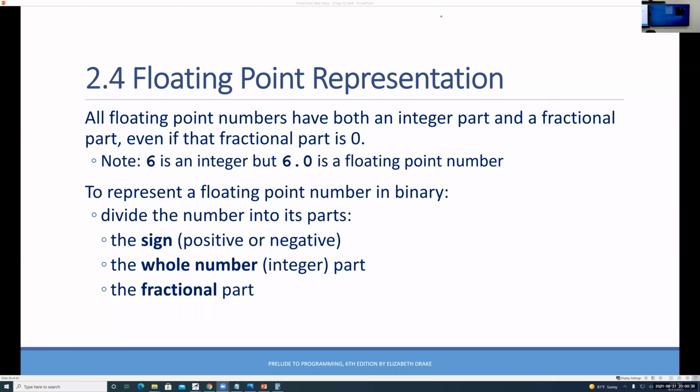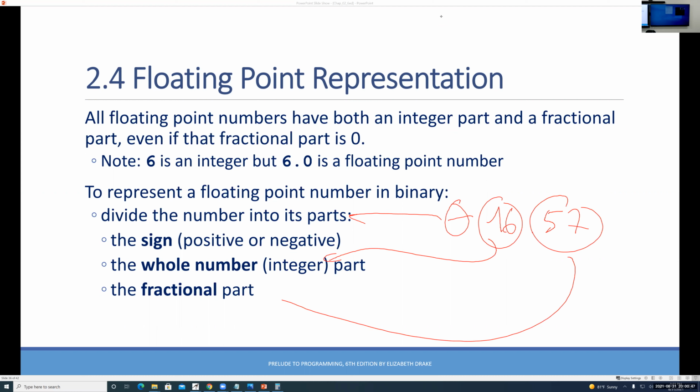You break down the number here, 16.75. All right, so we have this one. It is the sign part. This one is the integer part. And this one is the fractional part here. Right? So in order to work with floating point, you have to break it down into 3 parts here. The sign, the whole number, and the fractional part here.